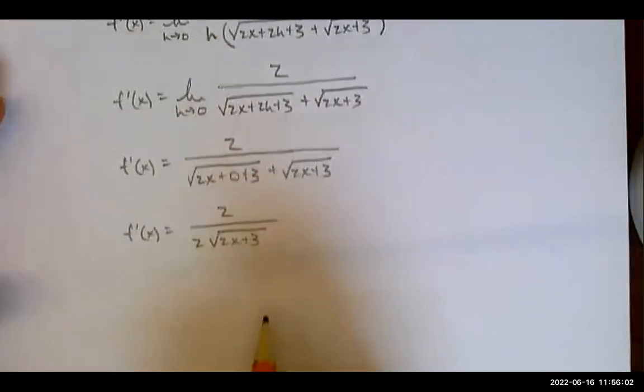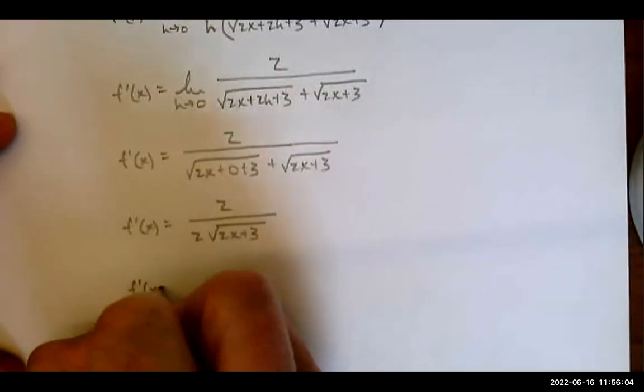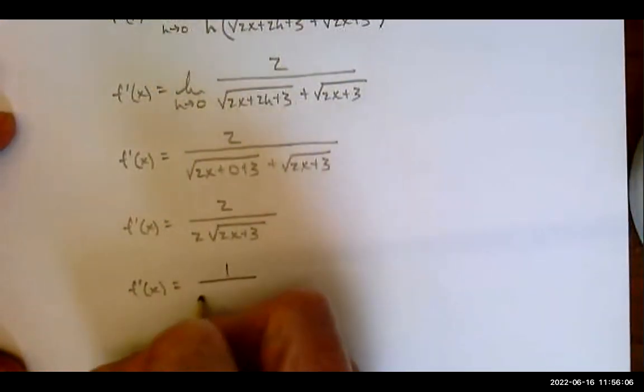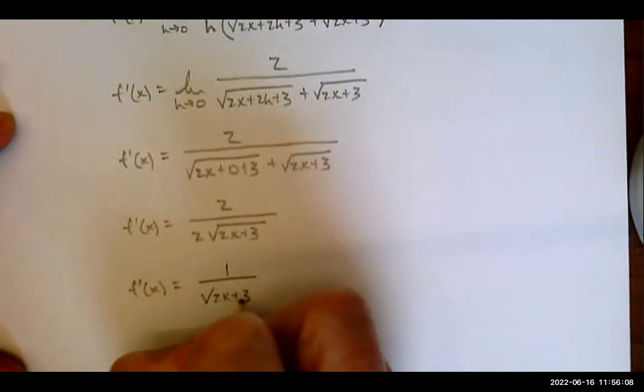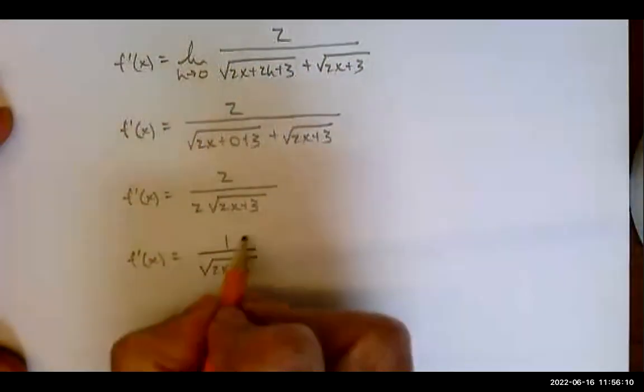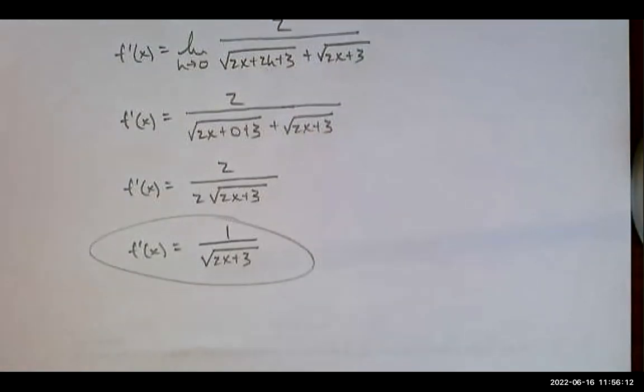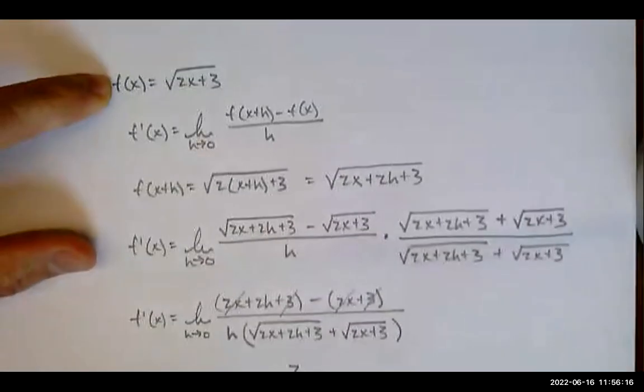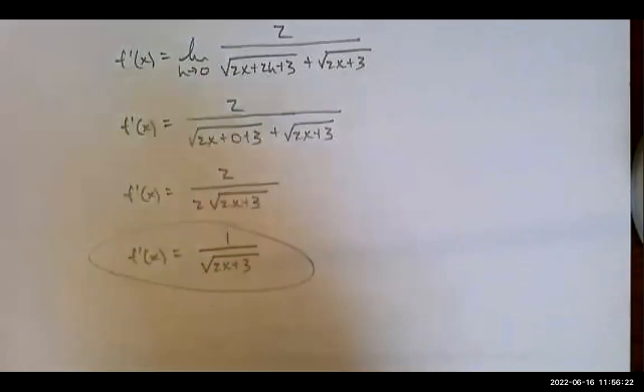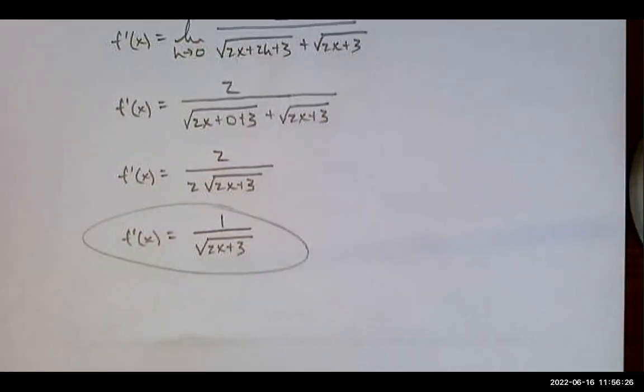We can even cancel out the 2. Interesting. Wow, it really simplifies down. Look how simple that is in the end. Who would have guessed, right? The original function's derivative is 1 over the square root of 2x plus 3. This really simplified nicely. It might not always work out this well for square roots, but here, that's pretty sweet.